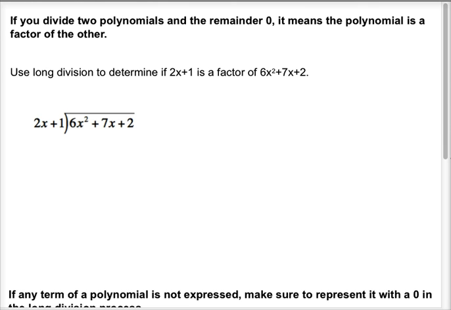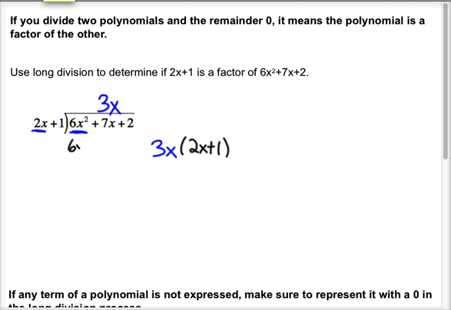So let's begin. The first thing I want to do is get rid of that 6x squared. I'm going to eliminate term by term using this process. And the way I'm going to do that is by using the 2x. So what can I multiply 2x by to cancel the 6x squared? And the answer is I can multiply it by 3x, because 2x times 3x gives us that 6x squared. Now I'm going to take that 3x and I'm going to multiply it by that whole 2x plus 1.